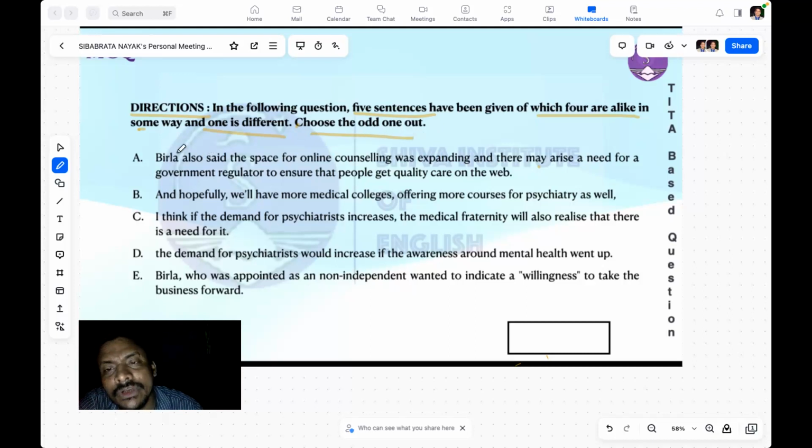Generally, what do students do when they find the odd one out? They read the sentences without making a sequence.